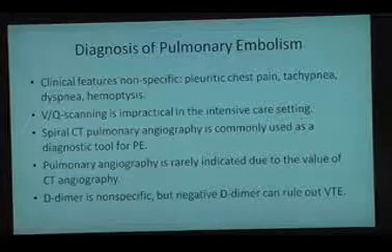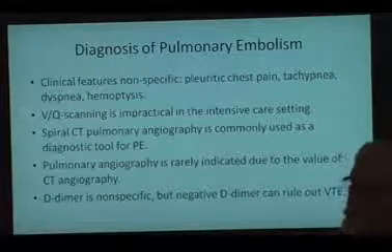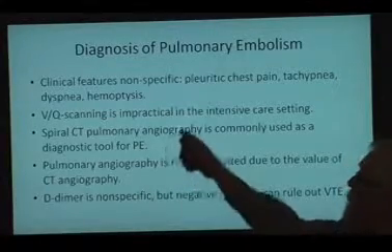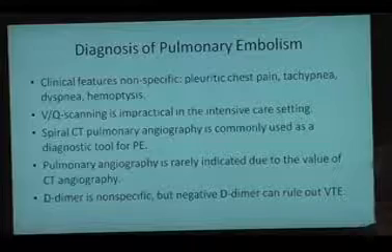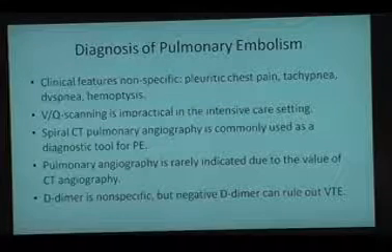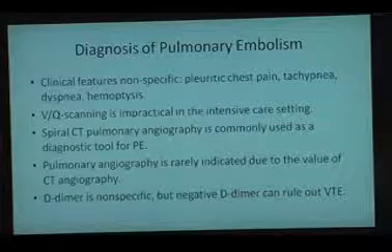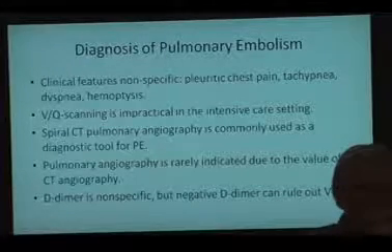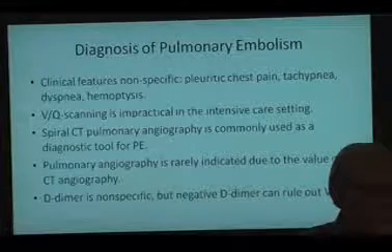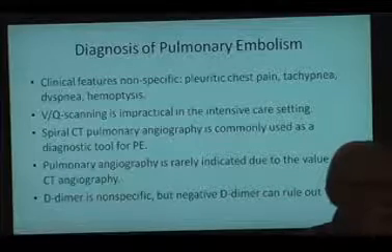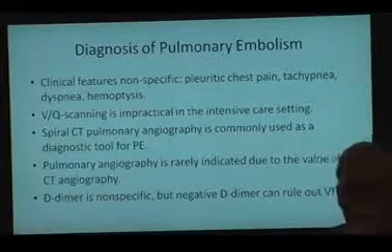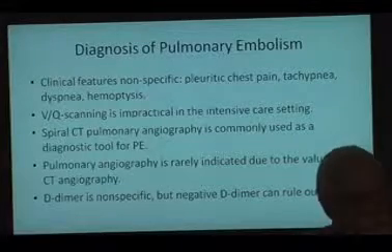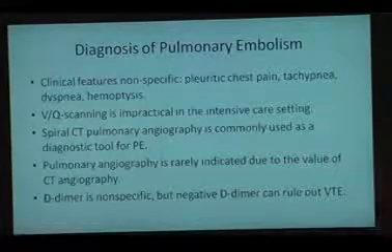VQ scanning, which is used sometimes on outpatients, is not practical in the intensive care unit and mechanically ventilated patients. We probably have one every 5 years maybe that goes for VQ, because everybody knows it's all very rare anymore. I know it used to be a big deal every time somebody had to go down because you had to put on the scavenger and so forth.